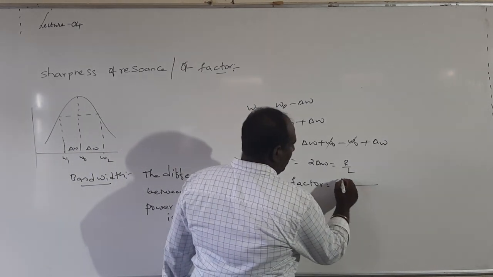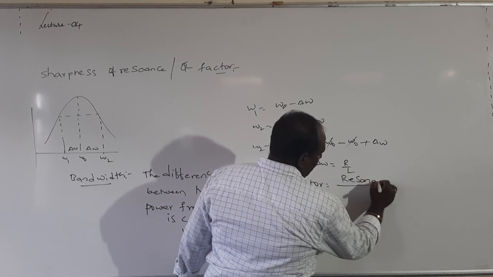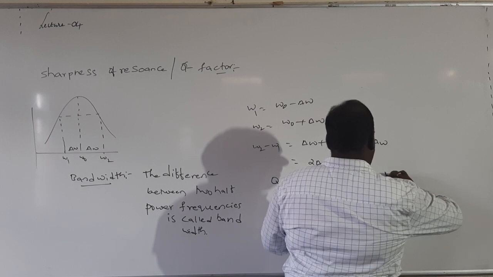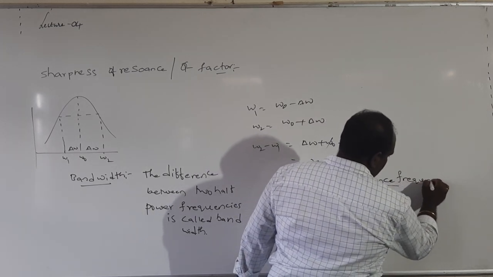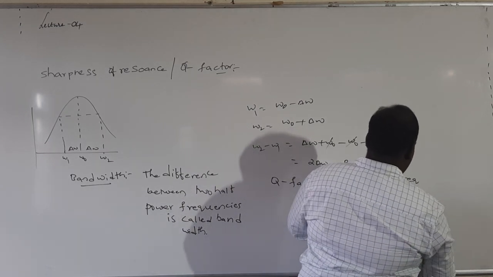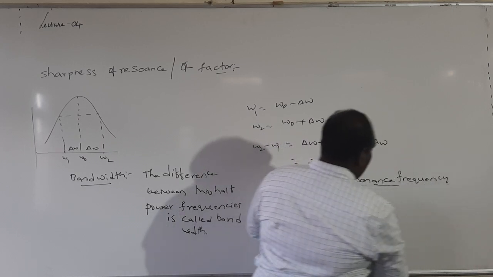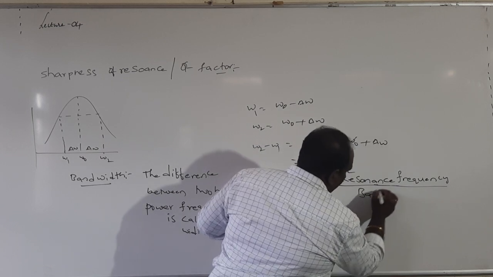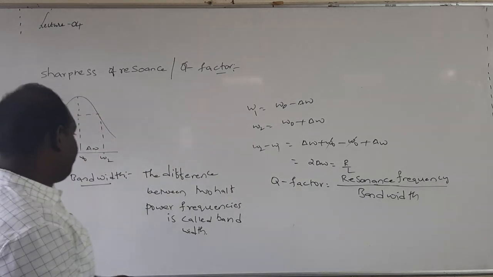Q factor formula: ratio of resonance frequency to the bandwidth. So this is quality factor.